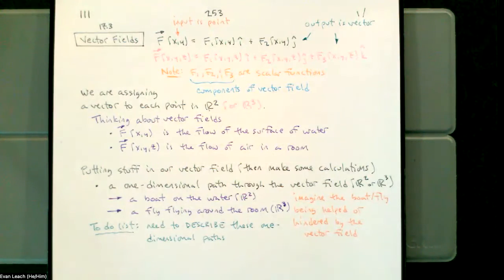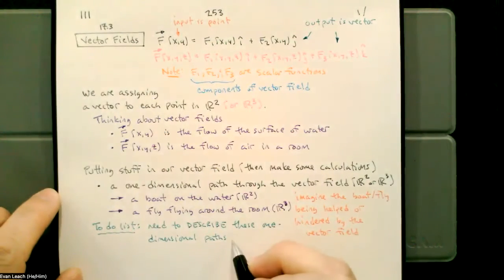Once we describe these one-dimensional paths, we got to think about derivative stuff. Derivative tells us instantaneous rate of change. Derivative is going to tell us the direction of the path. Once we describe all the points along the path, we're going to need derivatives to describe the direction at each point on the path.